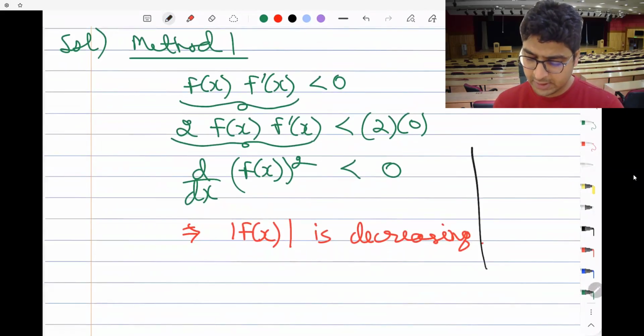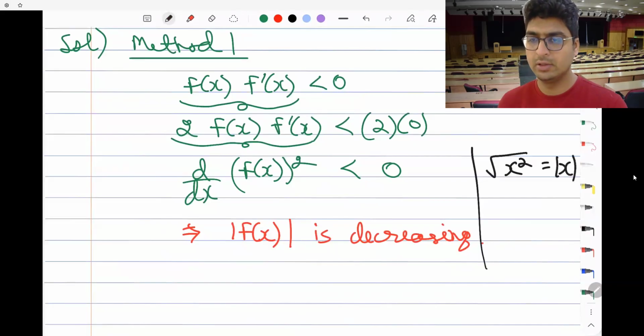ये एक theorem भी है, that if the square of a function is decreasing, then mod of that function is decreasing. And the idea is, under root of x square is actually mod x.